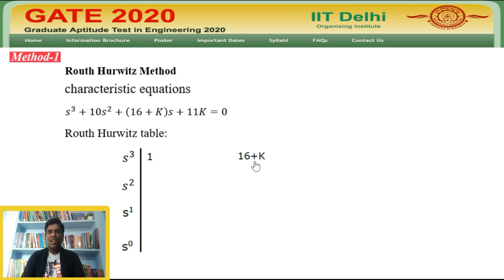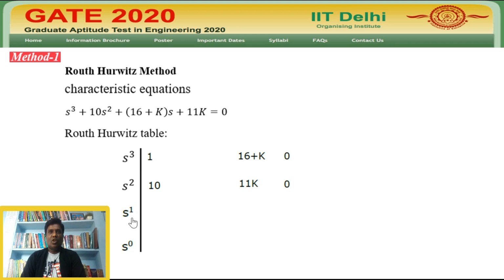These values go in the first row of the Routh-Hurwitz table, and the remaining first row position will be 0. Next, we fill the s^2 row with the coefficients of the even power s terms of the characteristic equation. The even power s terms are s^2 and s^0. The s^2 coefficient is 10 and the s^0 coefficient is 11K. These values go in the second row of the table, and the remaining second row position will be 0.